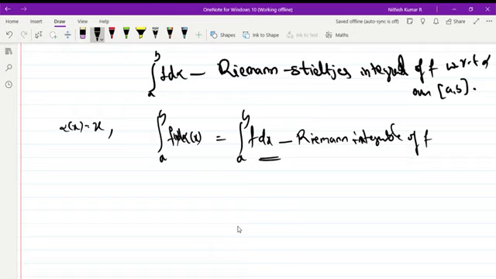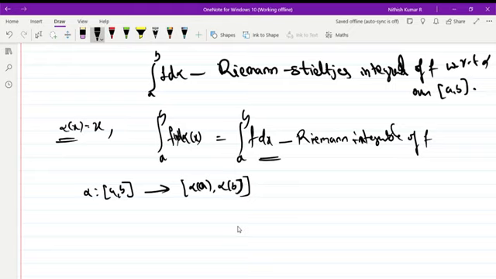So why this? If you observe, alpha is a mapping from the closed interval [a, b] to [alpha of a, alpha of b], because alpha is a monotonically increasing function. Your Riemann integration is over the closed interval [a, b] with respect to x.